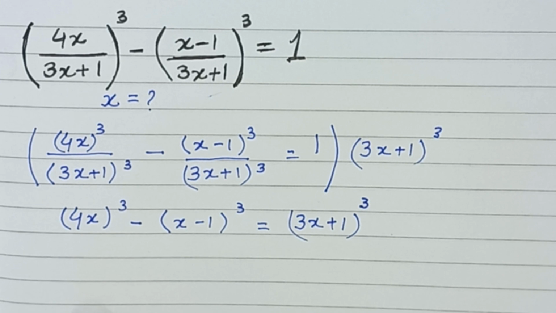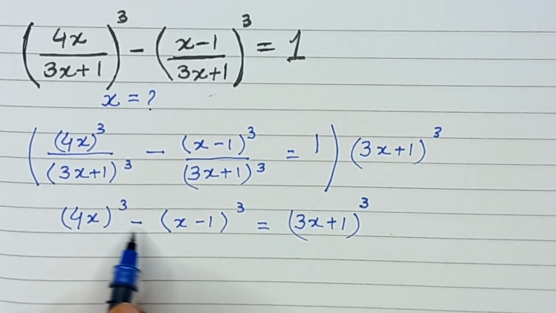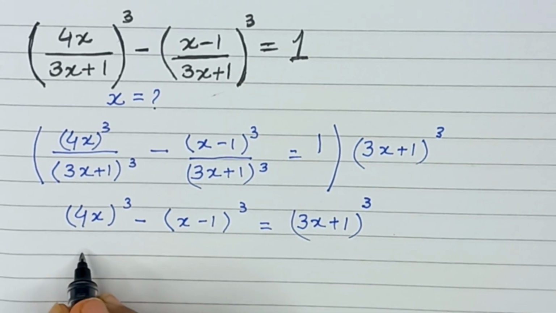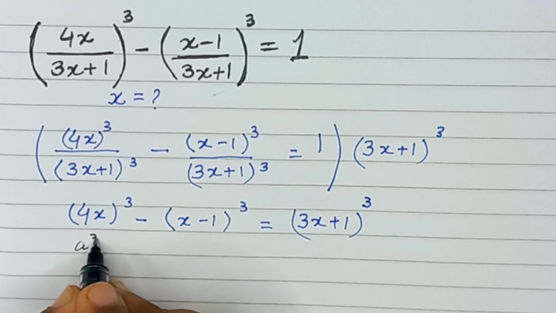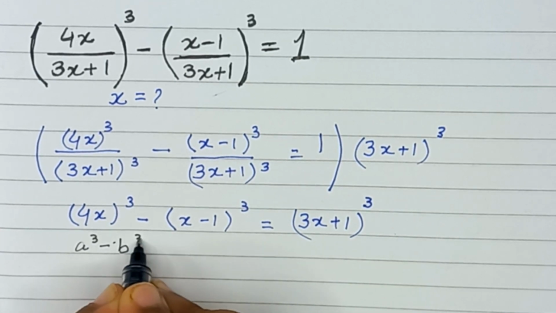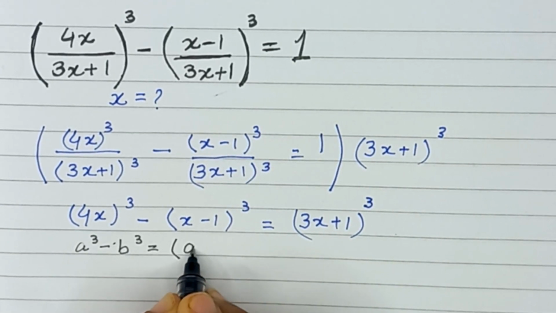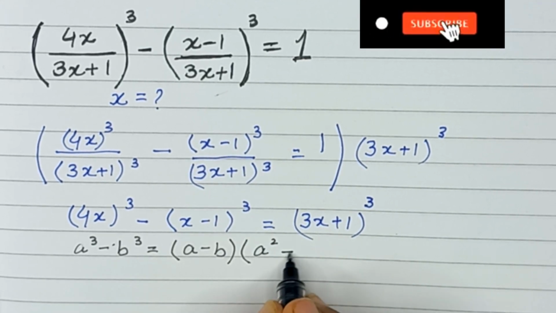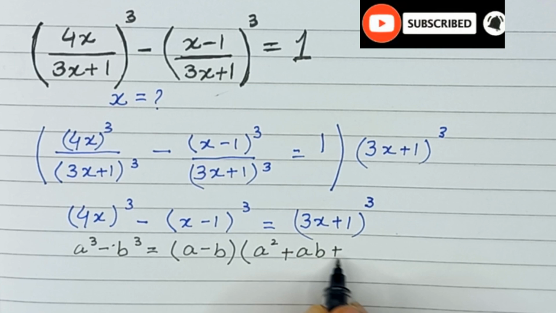So now you can see that here it is the form of a³ − b³. a³ − b³ is equal to (a − b)(a² + ab + b²).